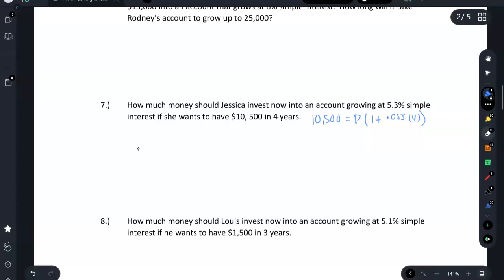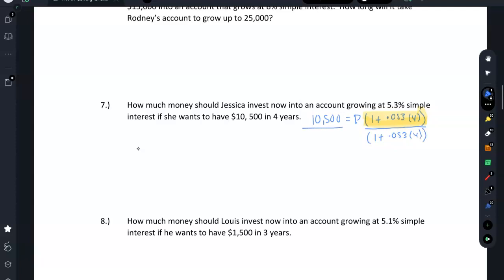This time, I can see that all of this is in parentheses, and I'm trying to get the P by itself. So it's P times all of that. So I can do it in one step, if I'm going to do it in my calculator, by just dividing by all of that. So that's what I'm going to do. 1 plus 0.053 times 4.